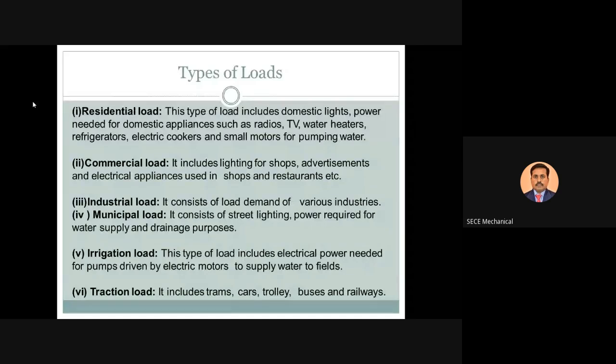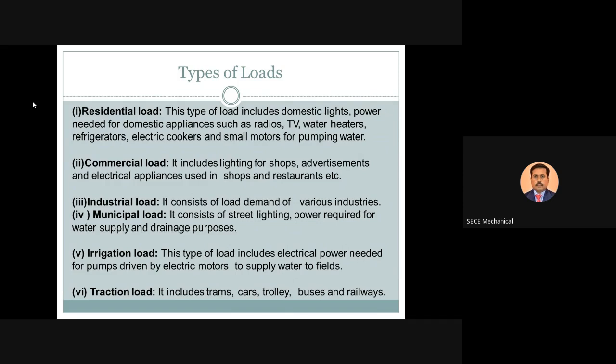These are operated by the municipality or the town panchayat boards. With the help of those boards, power is used for street lighting, water supply and drainage, so it can be used for various municipal work purposes. These loads are called municipal load.